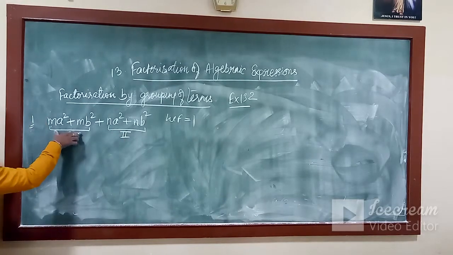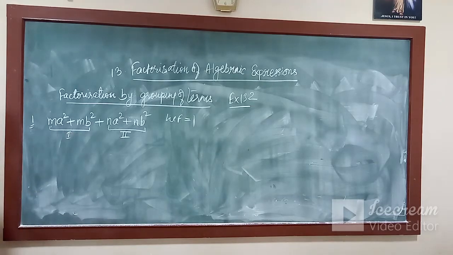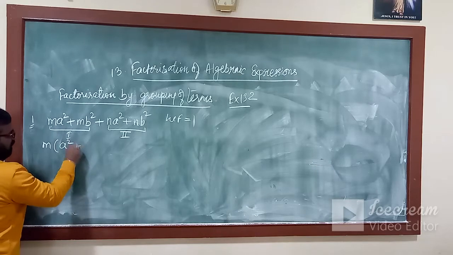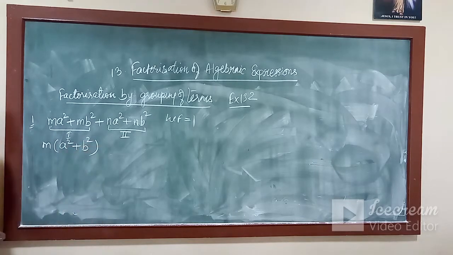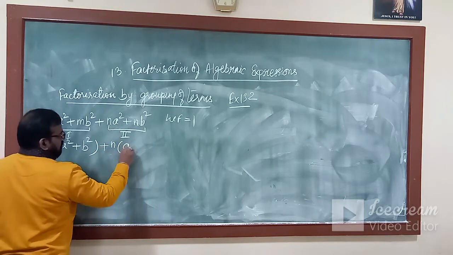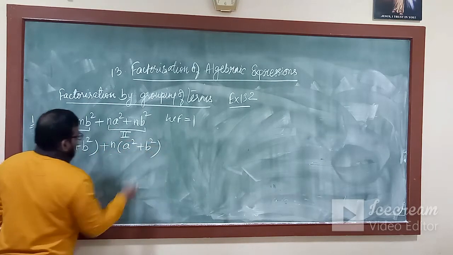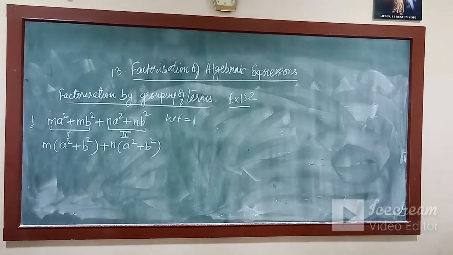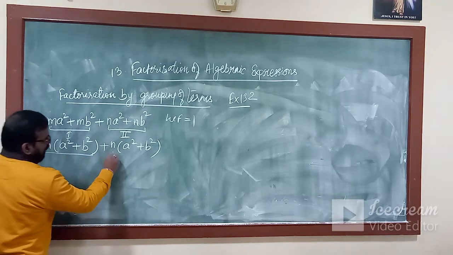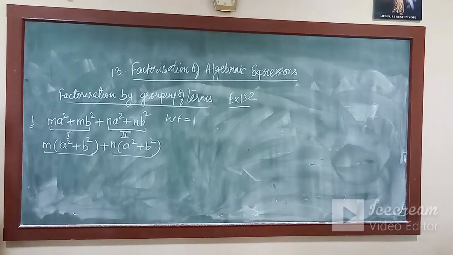Now in the individual group we will use the same method that we used in the previous exercise, that is taking the common term. In this the common term is m. So what is left inside the bracket? A square plus b square. In this, what is the common term? n. A square plus b square. Now this expression is reduced to the form that we have studied in the previous exercise, that is, now this a square plus b square becomes the term of this expression.